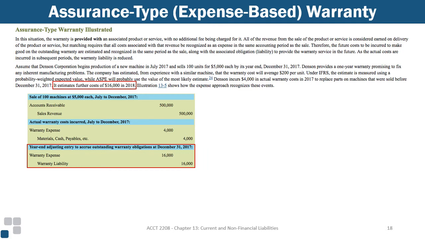So in this case, because of the way the question is worded, they sell 100 machines between July and December. They end up paying $4,000 to service those machines, and then at the end of the year they estimate an additional $16,000 in costs, right? So here's where we would debit the warranty expense and credit the warranty liability for the remaining expected future costs.